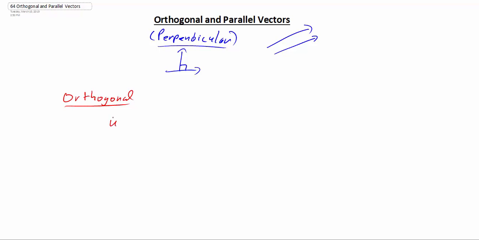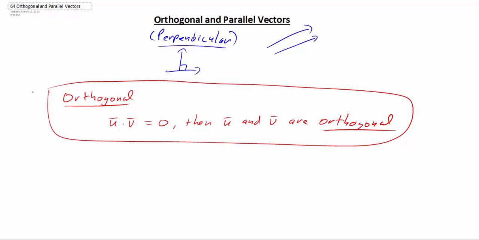If we have two vectors u and v, and if we take the dot product and the dot product is equal to 0, then vectors u and v are going to be parallel. I'm sorry, they're going to be orthogonal. So that's how we determine orthogonal vectors.